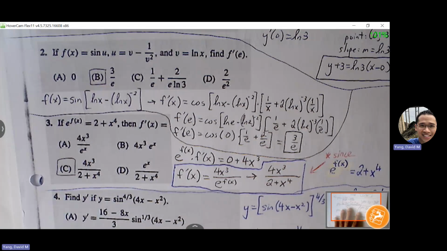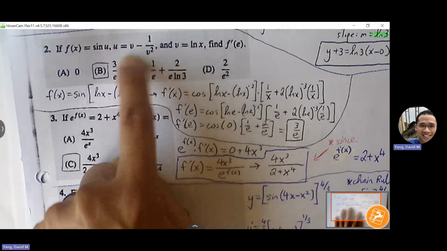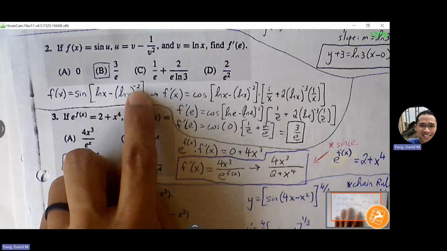From number 2, I just built the function with everything placed into one thing. They tell me that v is natural log of x, so I replaced every v with natural log of x, and I replaced all that into the u. So sine of natural log of x minus natural log of x to the -2.